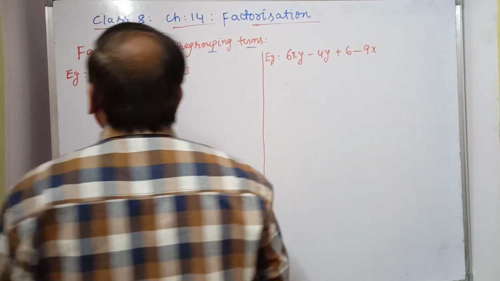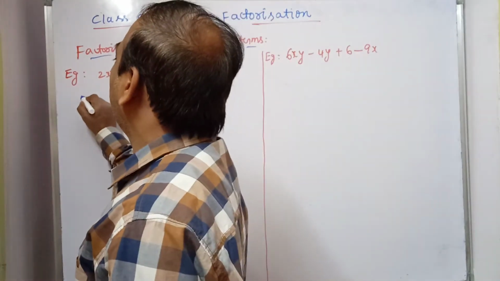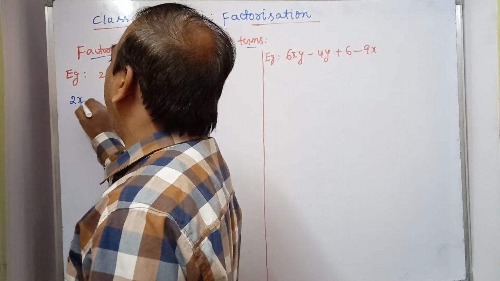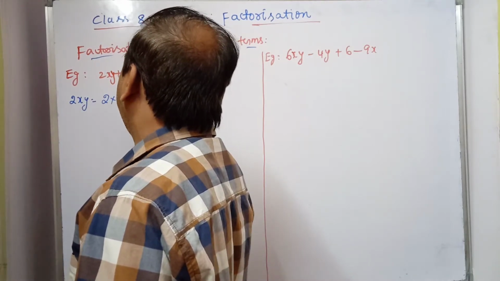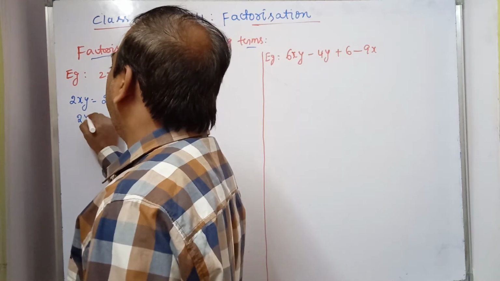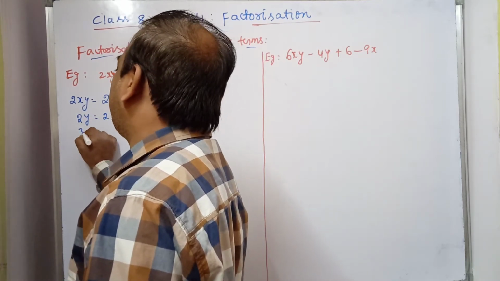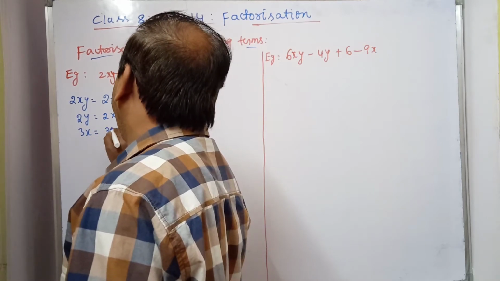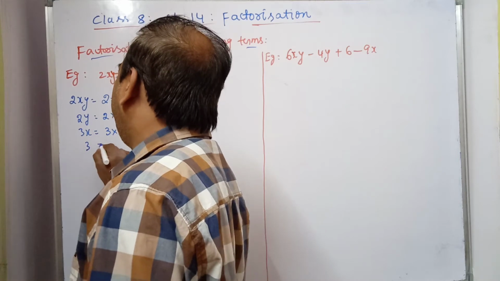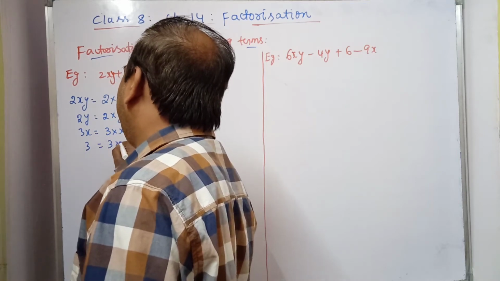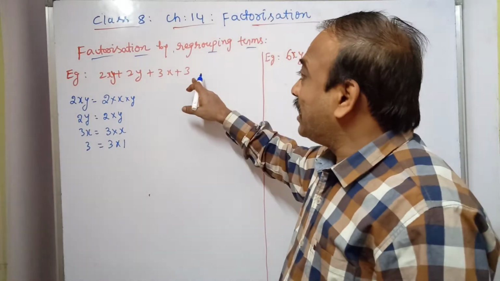The first term, 2xy, can be written as 2 into x into y. Then 2y can be written as 2 into y. Then 3x can be written as 3 into x. But 3 can be written as 3 into 1, because there is no other factor.